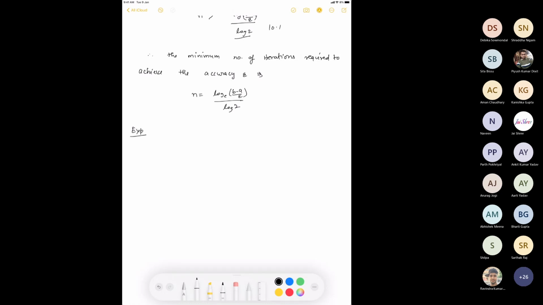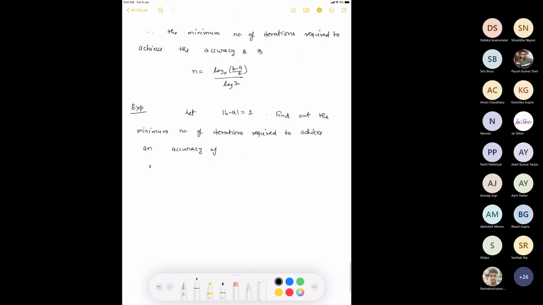Let the length of the interval be 1, and we have to find out the minimum number of iterations required to achieve an accuracy of, say, let me give two values.